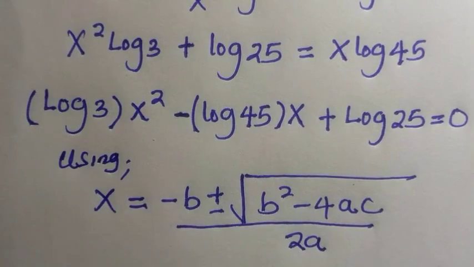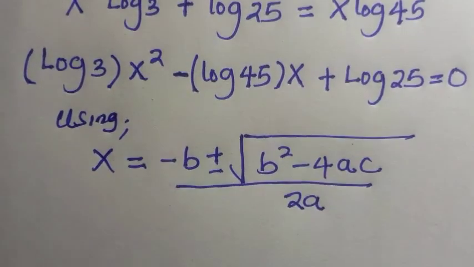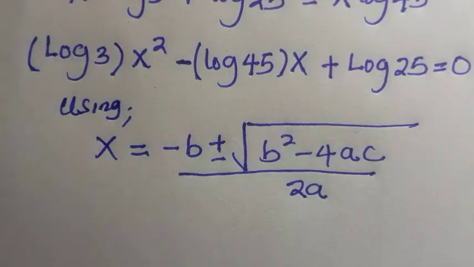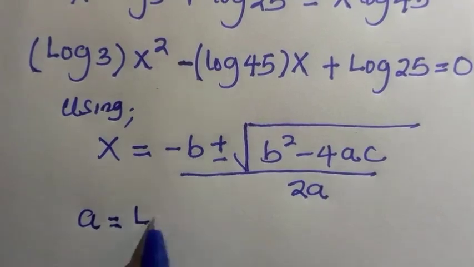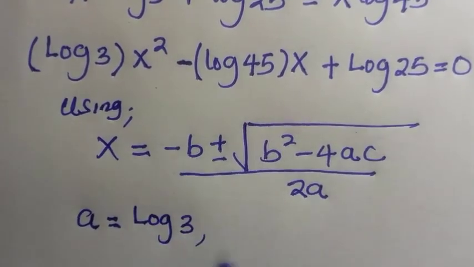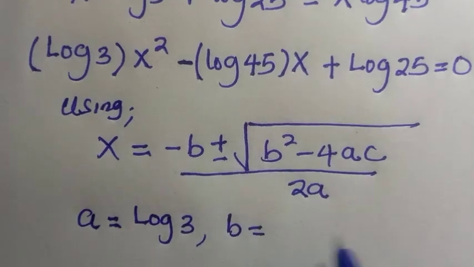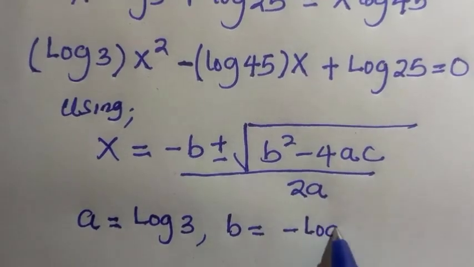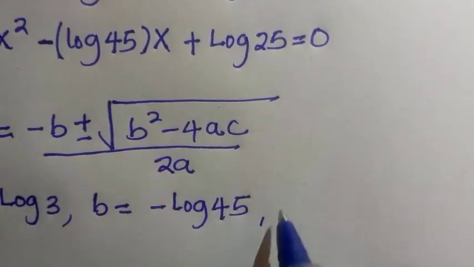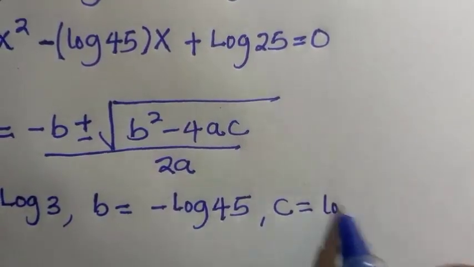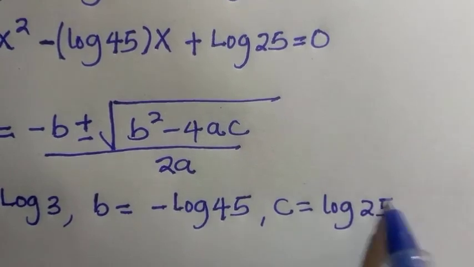When we plug in all these things, it might not fit on the screen, so let's find the discriminant first. The value of a here is log 3, the value of b is minus log 45, and lastly we need c.